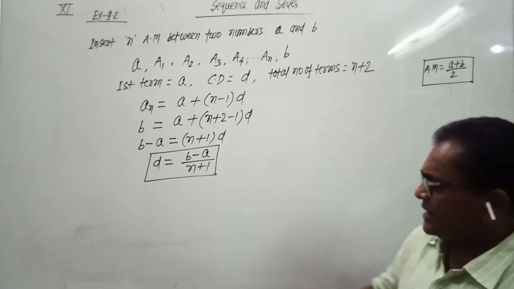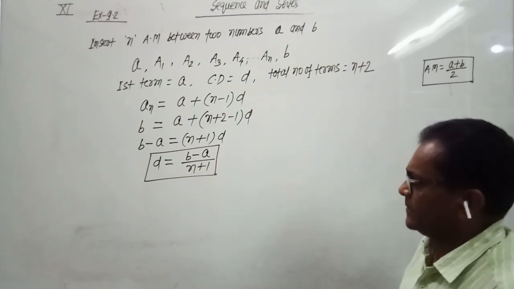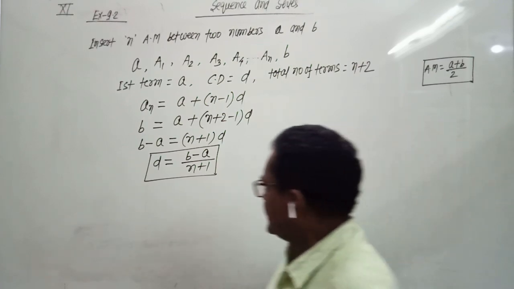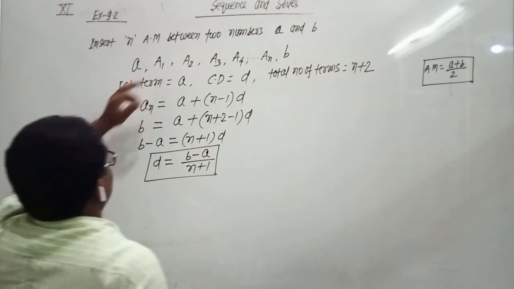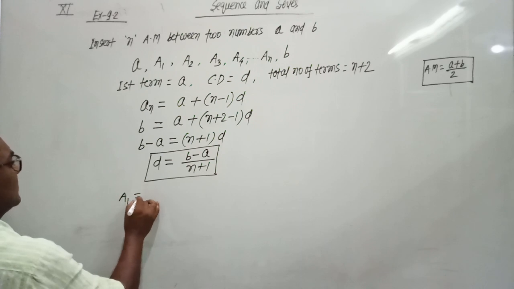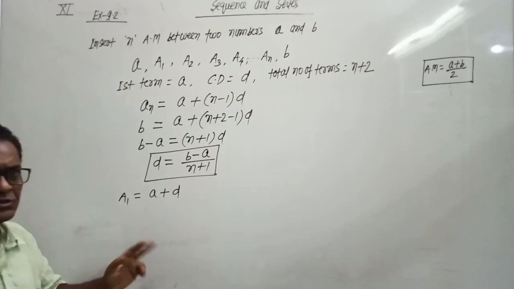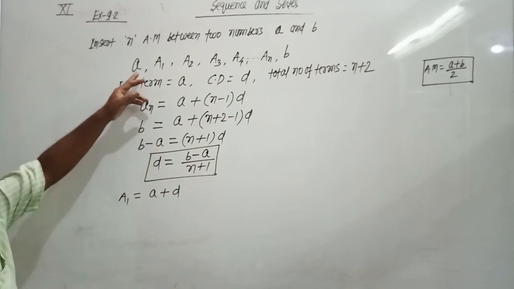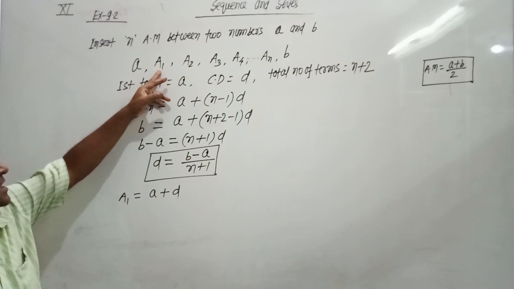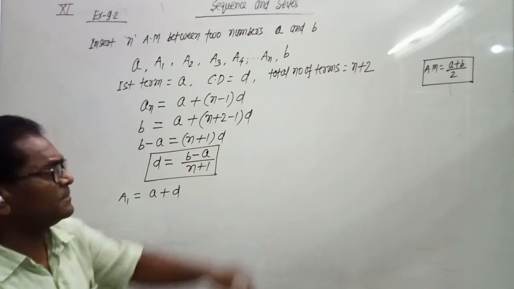Here n is the number of arithmetic means. For finding the first arithmetic mean, A1, we use the formula A plus D. A1 equals A plus D because an AP is written in the form A, A plus D, A plus 2D, A plus 3D, A plus 4D.